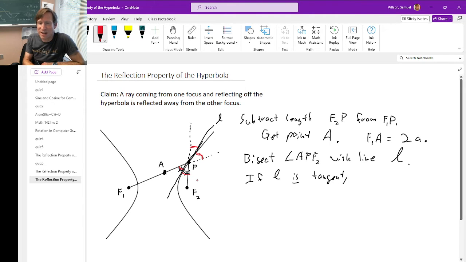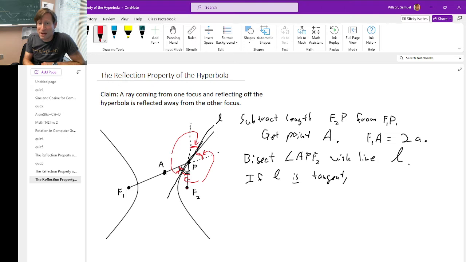So all of these red angles are equal to each other. These first two are the incoming and outgoing angles for the ray coming from F1, and these two here are the incoming and outgoing angles for the ray coming from F1 and then reflecting off the hyperbola.